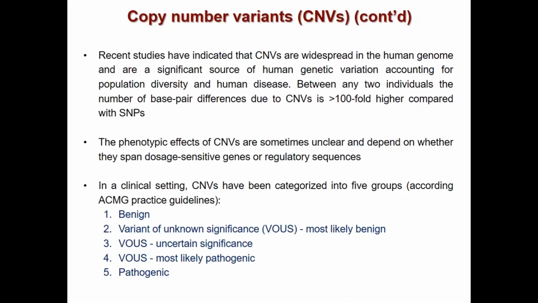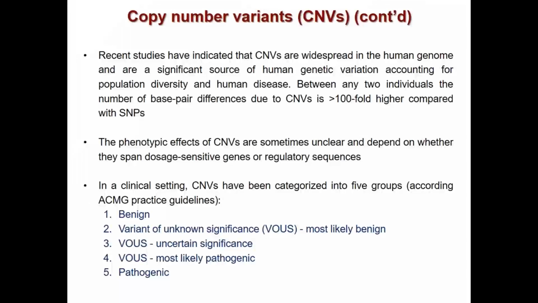Recent studies have shown that CNVs are widespread in the human genome, and they are a significant source of human genetic variation, accounting for population diversity and human disease. They are quite common. If you add up the base pairs contained within these CNVs, they will be more than 100-fold higher than what's present in SNPs.